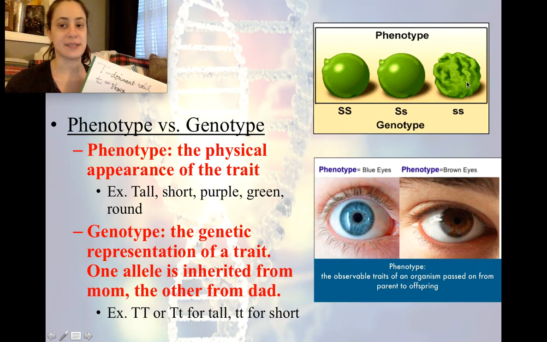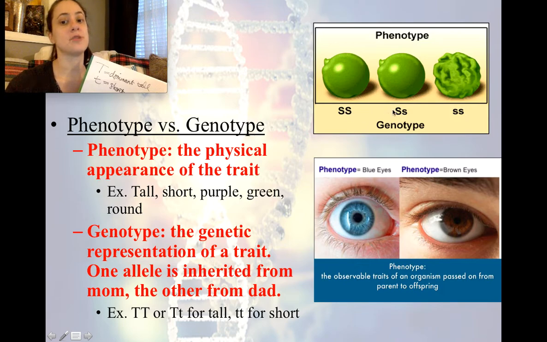In this case here, this pea does not have any dominant S allele for smooth. It just has two of the recessive s alleles for wrinkled. And the phenotype that corresponds to this would be a wrinkled appearance. So just because it is showing the dominant phenotype doesn't necessarily mean that we could determine the genotype.